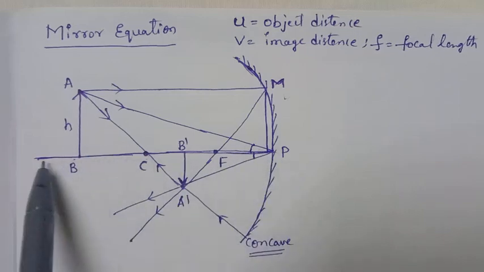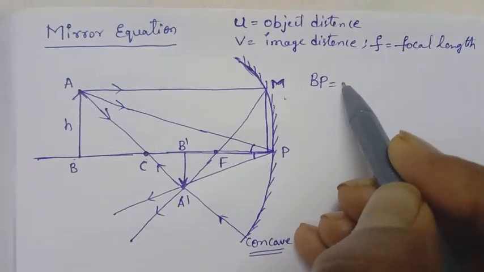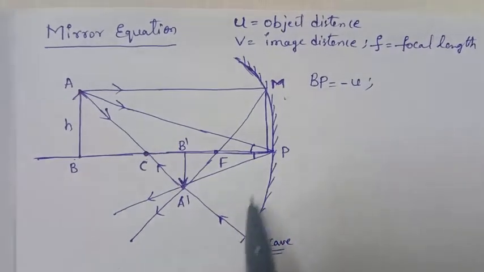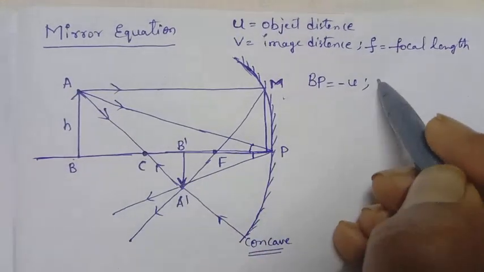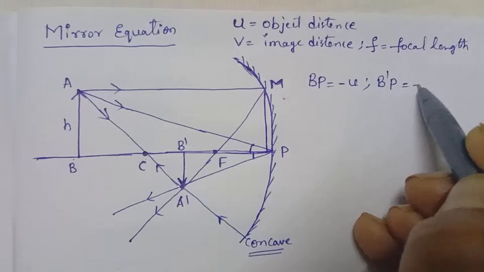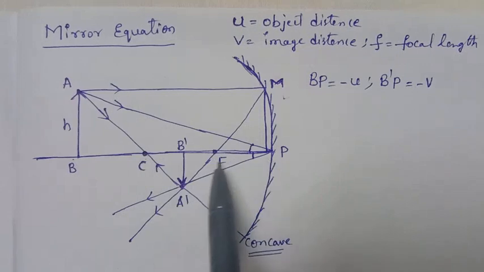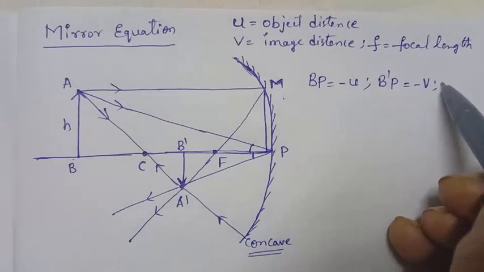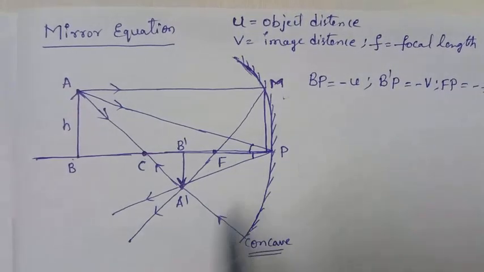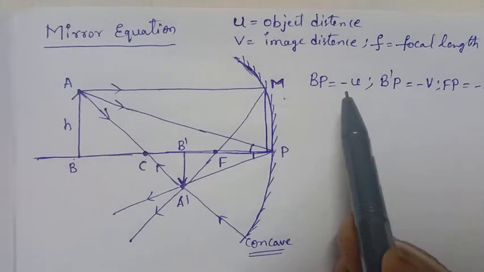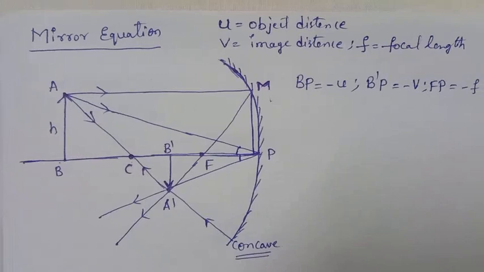So the object distance BP is equal to minus U, and the image distance B dash P is equal to minus V. The focal length FP is equal to minus F. Then the relation between U, V, F is given by the mirror equation.